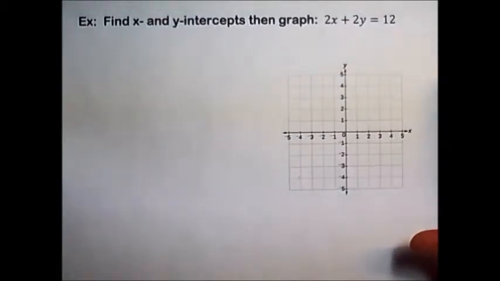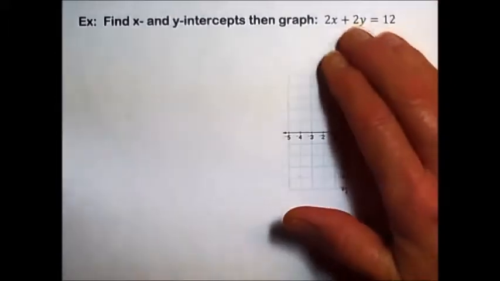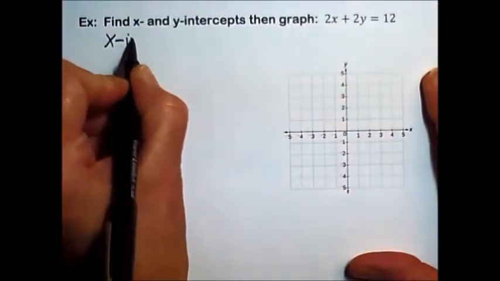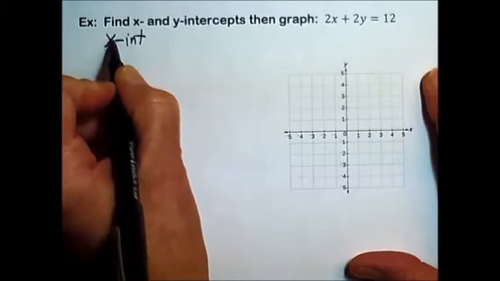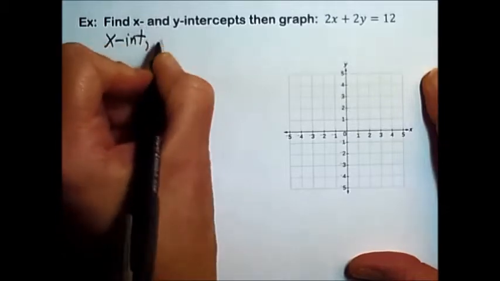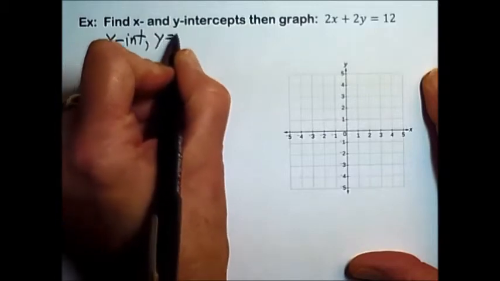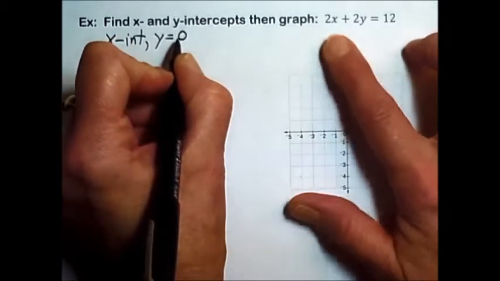So here is an example to illustrate that. They're asking us to graph this equation by finding its x and y intercepts. So here's our equation. I'm interested in finding the x-intercept. From our class notes and what I just got done saying, we are going to let y equal 0.